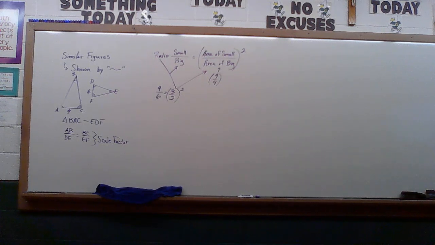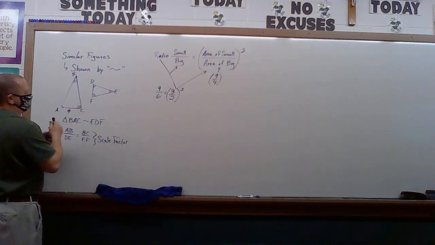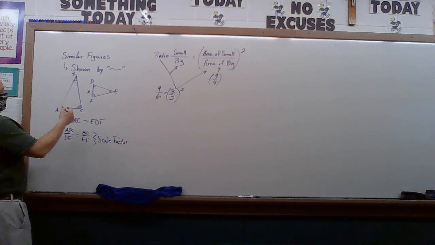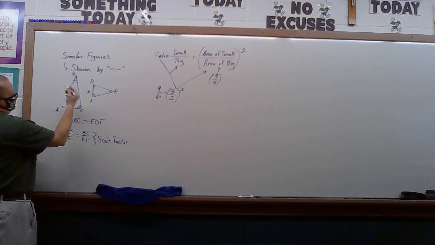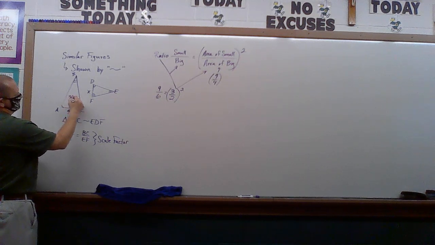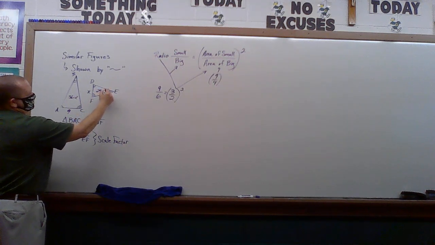So instead of them giving you this, and we can come back and turn this into x, they're going to say, what is x if the area of this triangle is 36 inches squared, and the area of this is 24 inches squared.